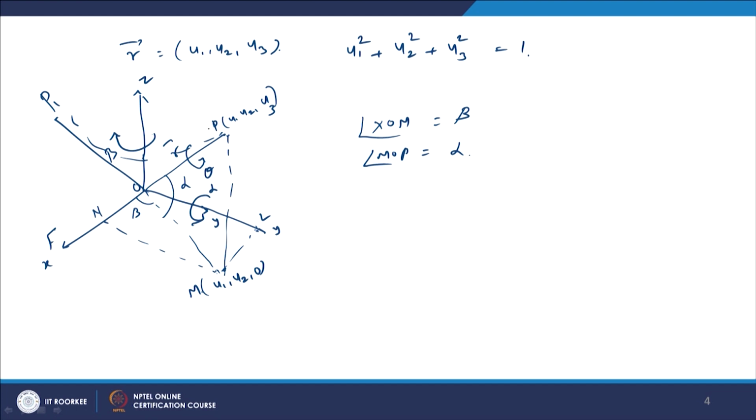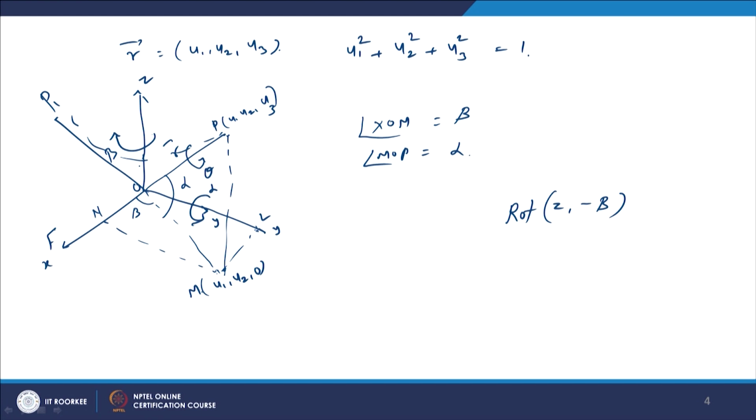So it means that we are performing a rotation about the z axis by an angle beta, but in the negative direction, that is y is moving towards x. So, it is rotation about the z axis by an angle minus beta.